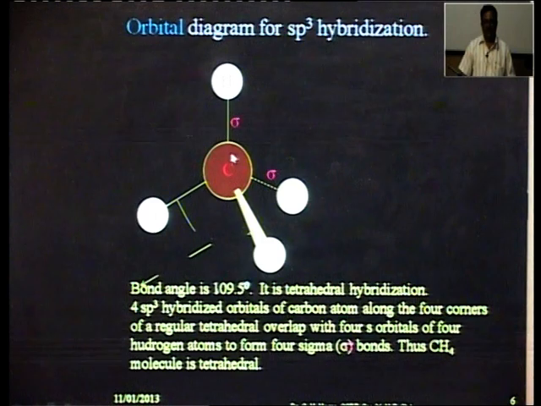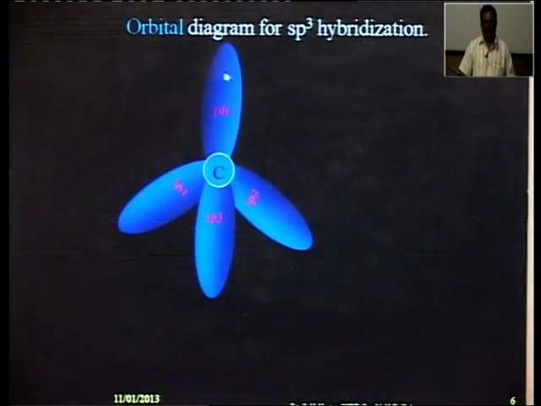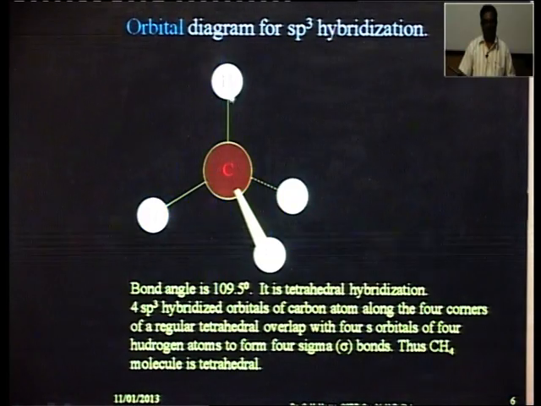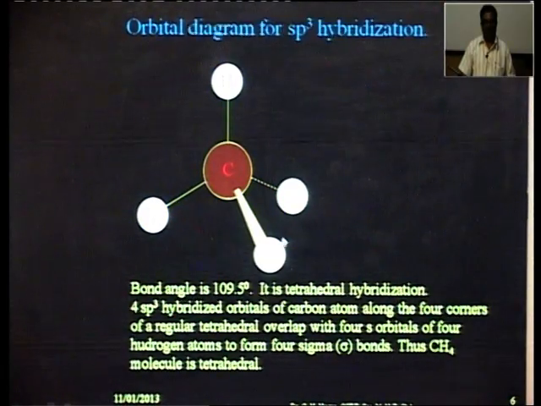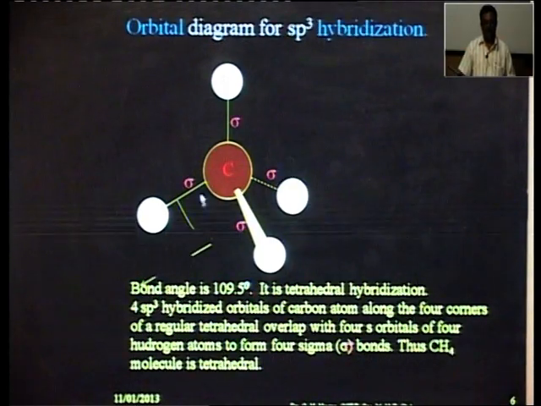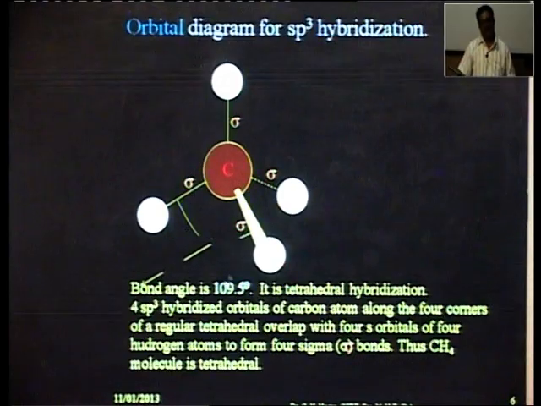These 4 sp3 hybridized orbitals of carbon overlap with the s orbitals of 4 different hydrogen atoms to form sigma bonds. 4 sigma bonds are formed, and the bond angle is 109 degree 28 minutes. So, it is a tetrahedral molecule.